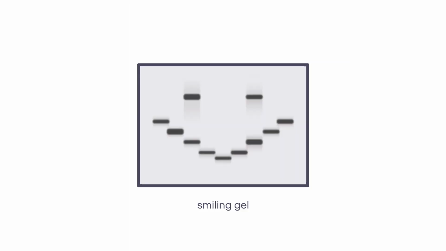If the temperature is uneven across the gel, the lanes are going to run at different paces, which explains why we end up having the smiling gel. So don't forget to check the specifics of your gel type, your gel matrix, and your running system to make sure you have a smooth SDS page process.